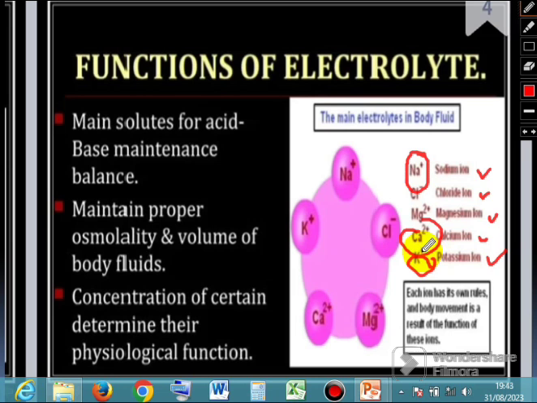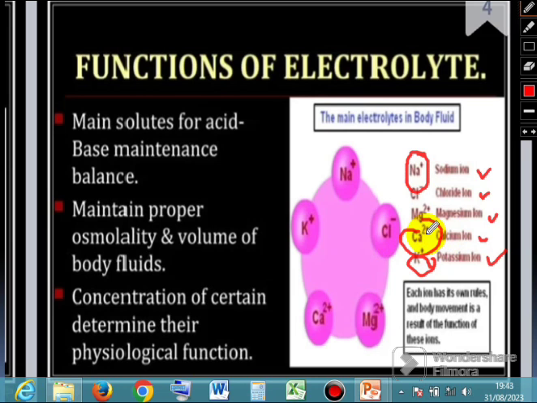But whenever there is efflux, what's the meaning of efflux? That the ion is leaving the cell. Leaving the cell, okay. Whenever there is efflux of potassium ions, then there will be repolarization and restoration of the resting membrane potential.